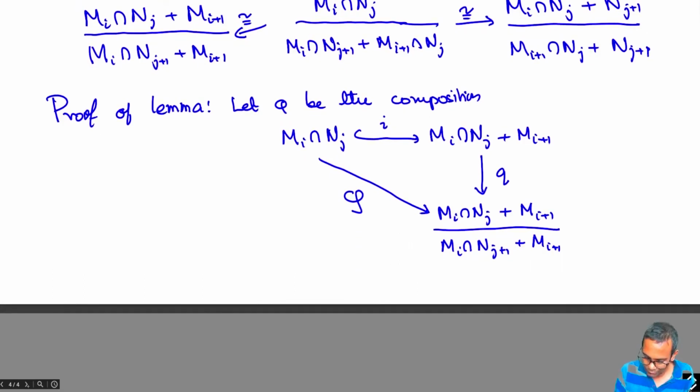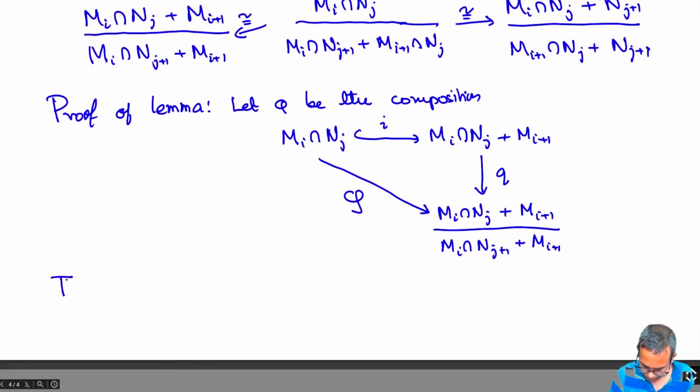So then what is the kernel of phi? The kernel of phi is all those things in mi intersect nj, which also happen to be in this denominator here.